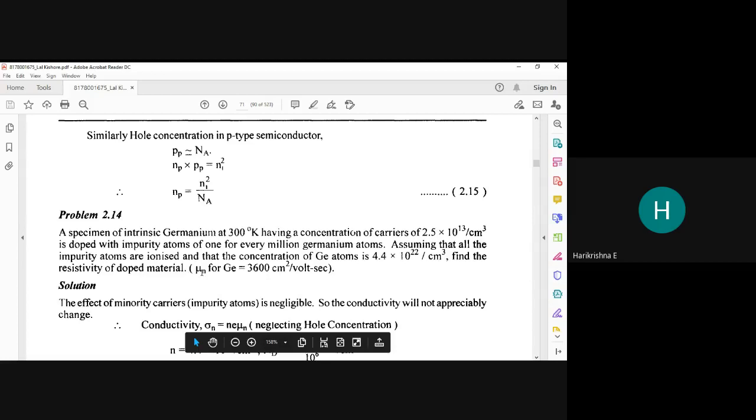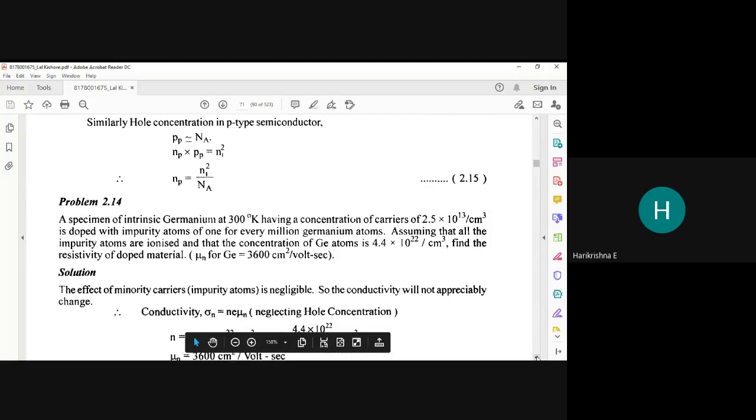The mobility of electron in germanium is given as 3600 centimeter square per volt second. While we discussed above we took meter square per volt second, here it is given in centimeters, a similar answer. So we have the formula of conductivity: conductivity is equal to Ne into mu n. See, it is N-type semiconductor, hole concentration is neglected.